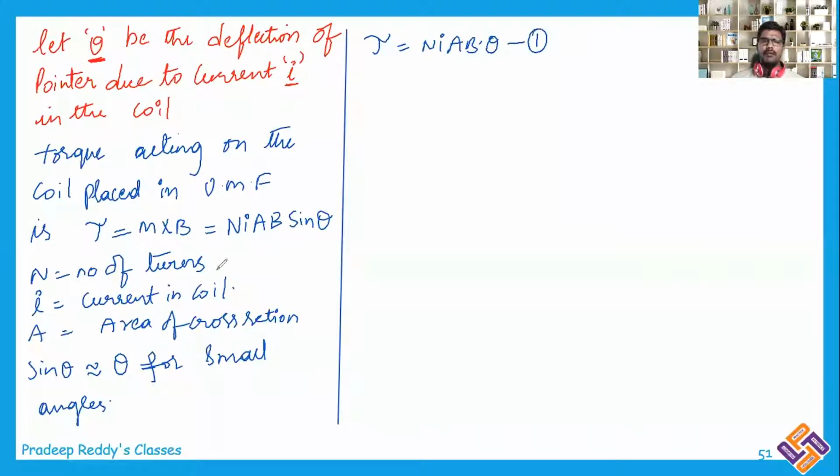However, in this case, if m bar and b bar are perpendicular, then sine 90 will be equal to 1. Therefore, tau can be written as n I a b. Right?